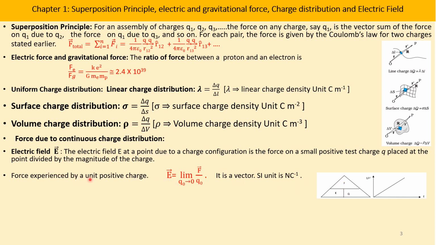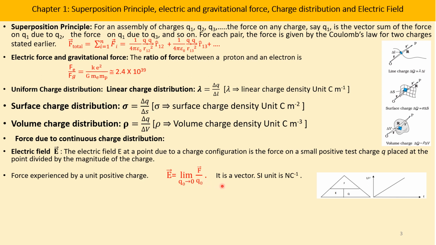Force experienced by a unit positive charge is defined as the field E, that is, E equals the limit as Q tends to 0 of force divided by Q naught. That is, it is force divided by the unit positive charge.